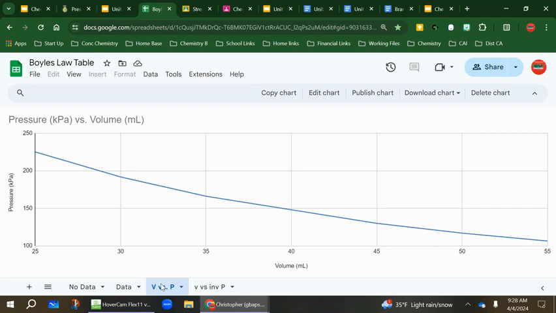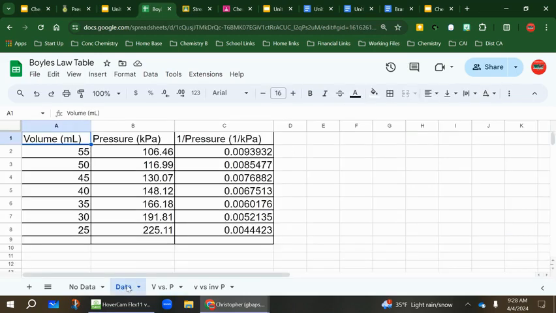Well, in science, we hate two things. We hate non-constants, and we hate inverse lines. So we are going to do a simple mathematical trick to this information to make it be what we want it to do. I am not expecting you to do this, but I'm telling you this is what I'm doing. And what I'm doing, ladies and gentlemen, is I'm going to take the inverse of pressure instead of pressure.